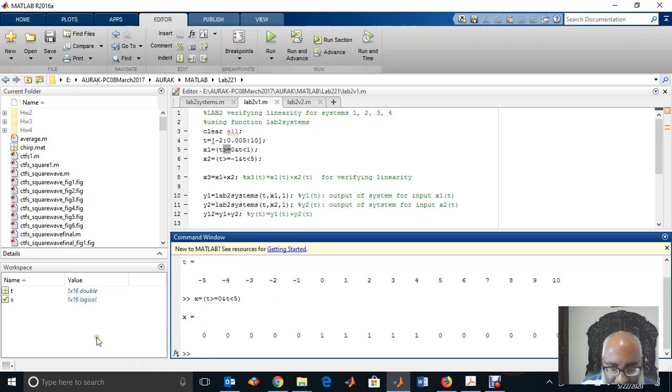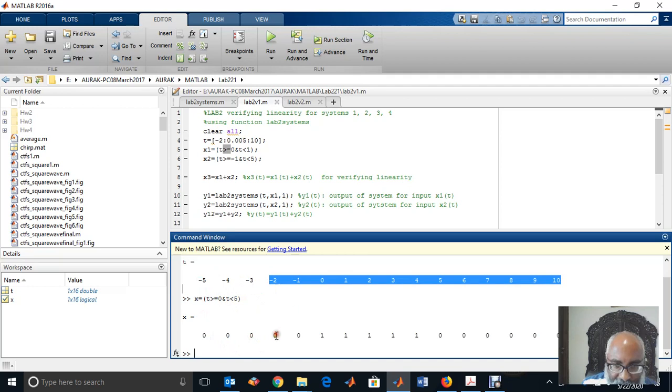See what happened now? It will check with the t vector. So x will be 1 if t is greater than or equal to 0 and t is less than 5. So here t is -5, x is 0. T is -4, x is 0. T is -3, x is 0. T is -2, x is 0.